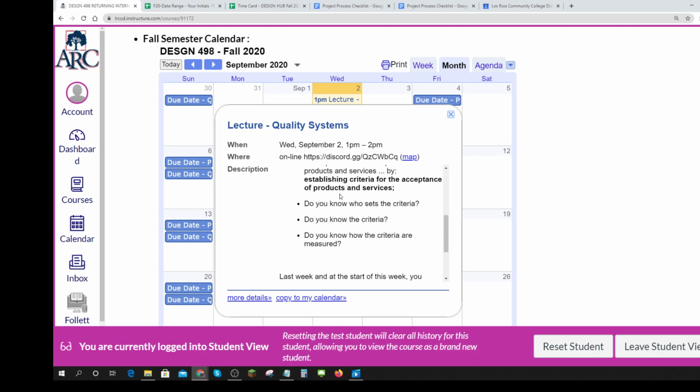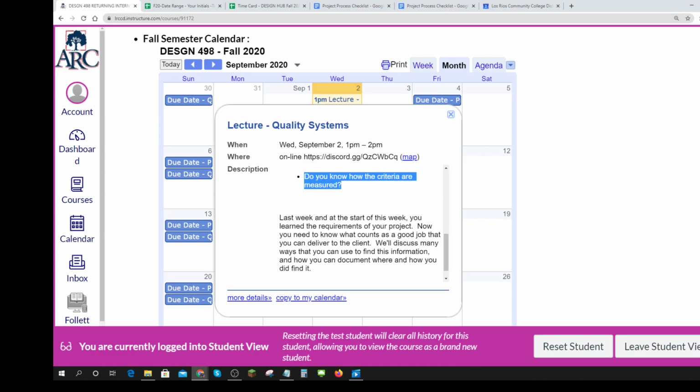So that's the standard right there. We need processes that establish the criteria for acceptance, and these are ways to know if our processes are working.